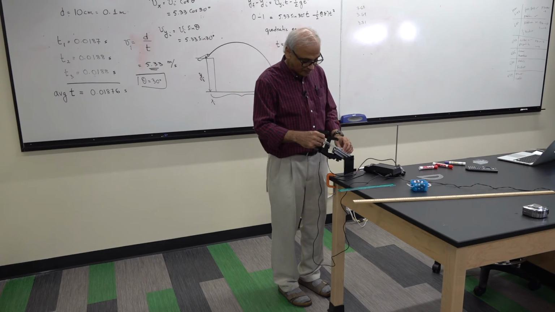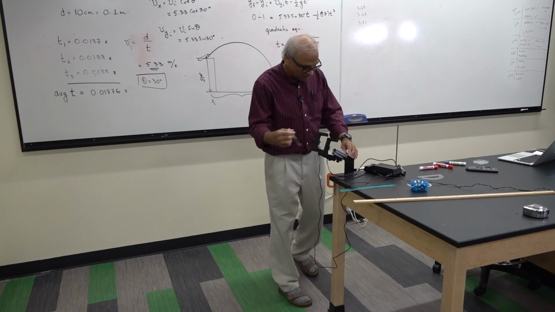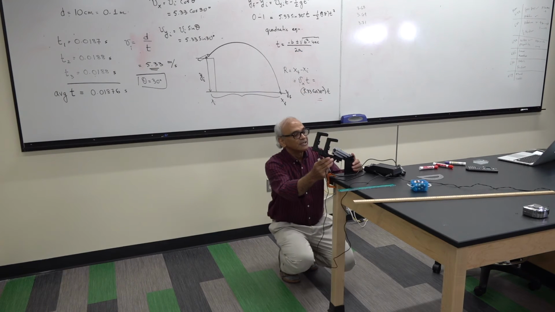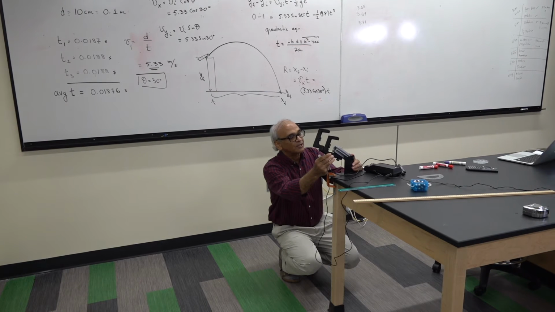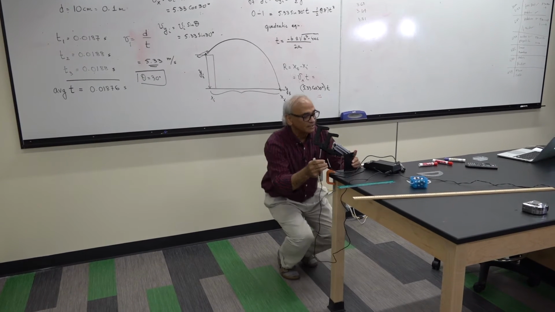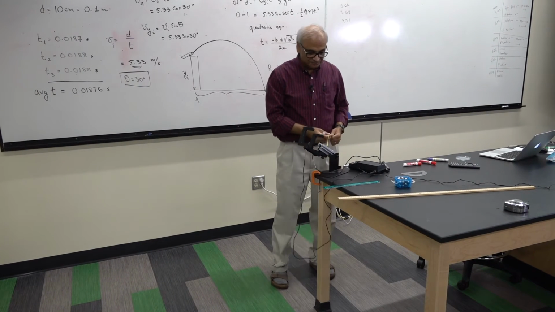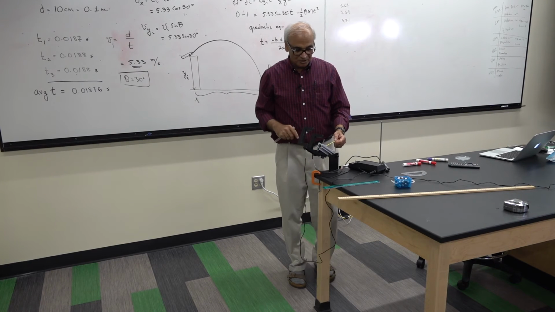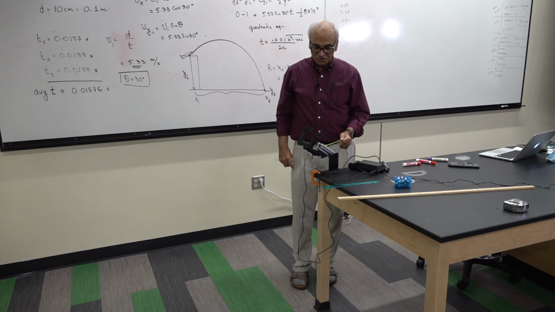So I have my ball over here. I'm going to push it down to 3. Make sure that I have my angle correct, because remember that it should be exactly at 30 degrees, because that's what my calculation is for. So I'm going to pull the cord on the count of 3. 1, 2, 3.